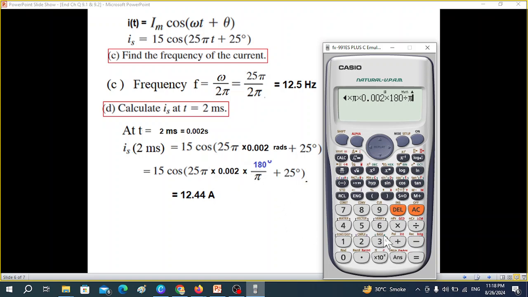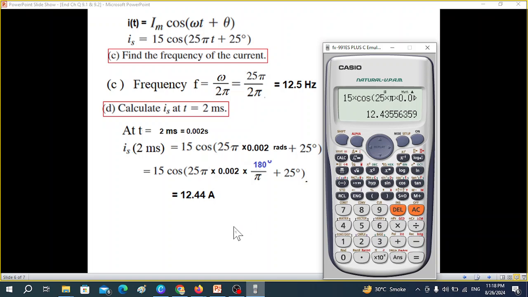This is done, plus 25, equals, and if you have any doubt, you should put a bracket here also. That is 12.435 or 44. So this is the answer.